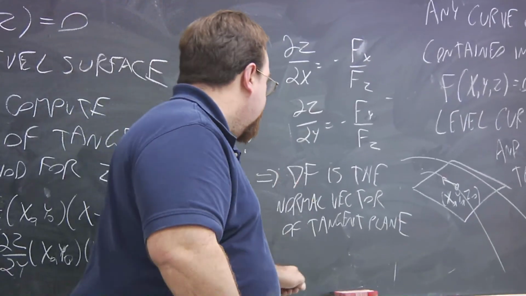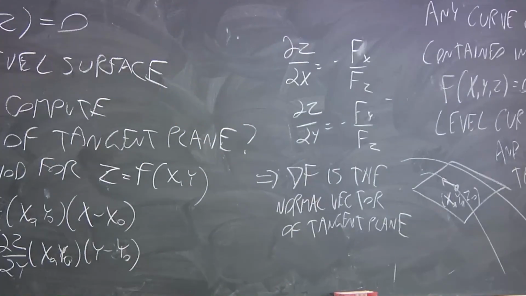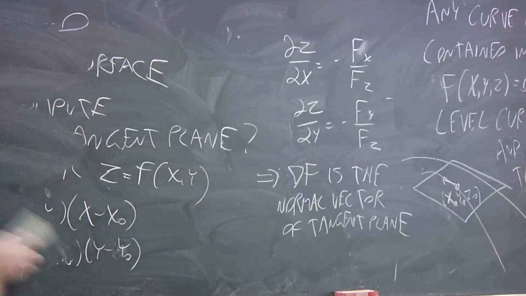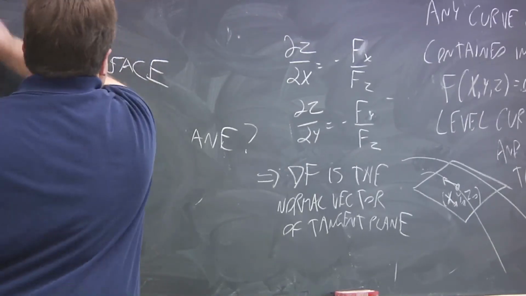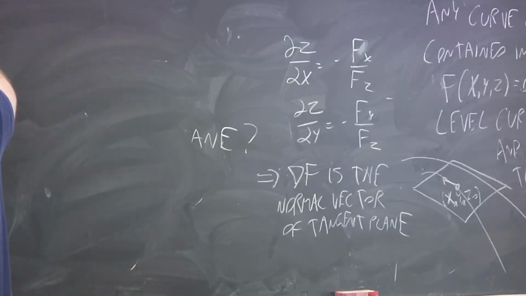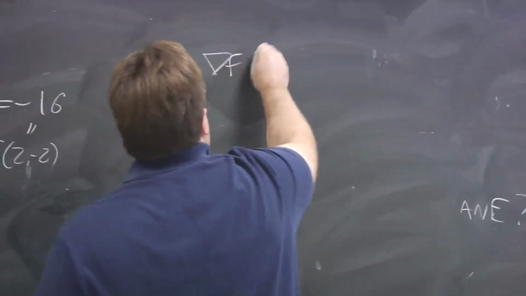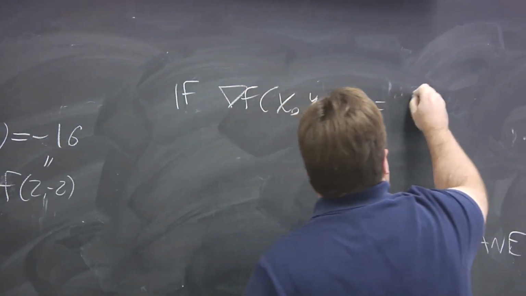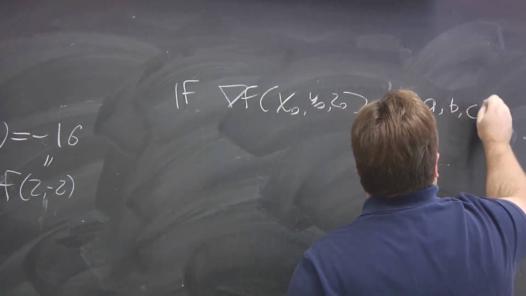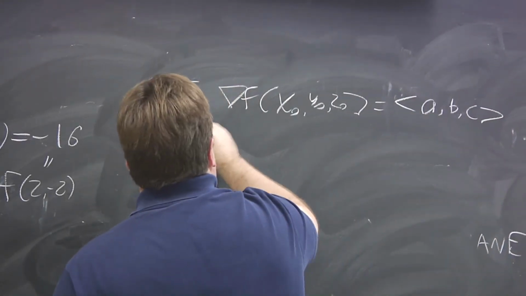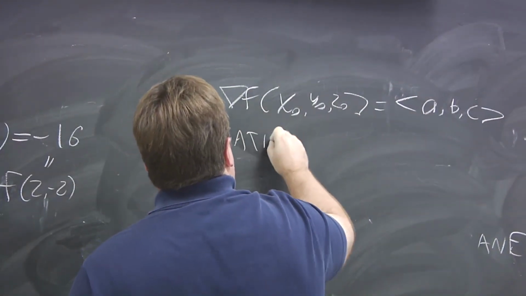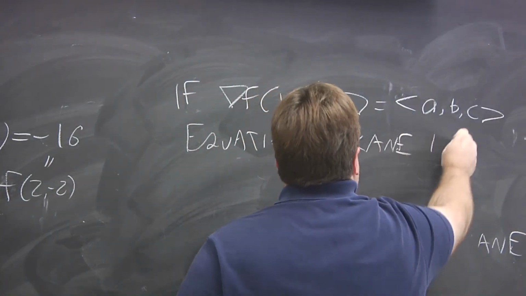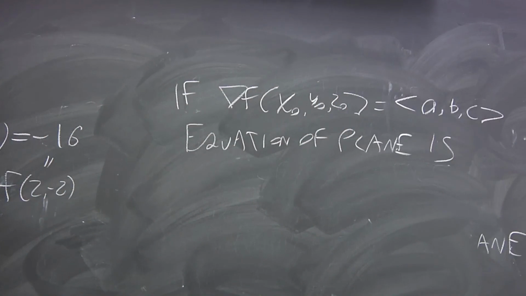So it's the normal of a plane, and as I hope someone remembers from 169, if the gradient of f at this point has these components, A, B, and C, what is the equation of a plane?